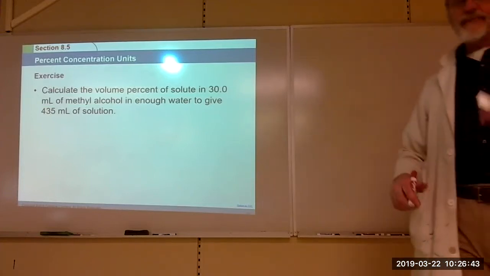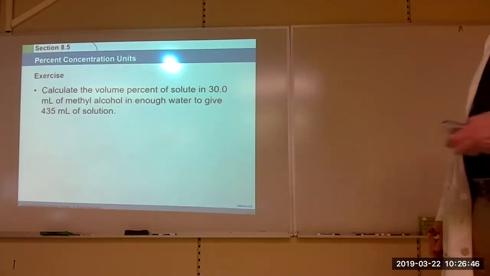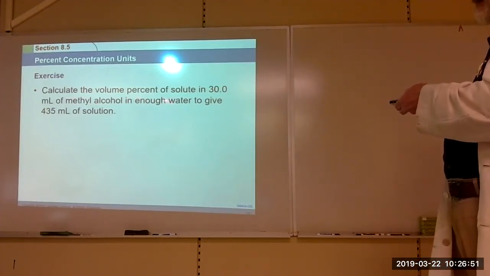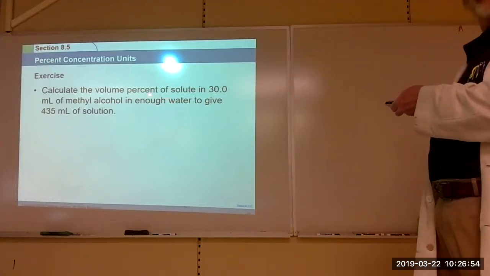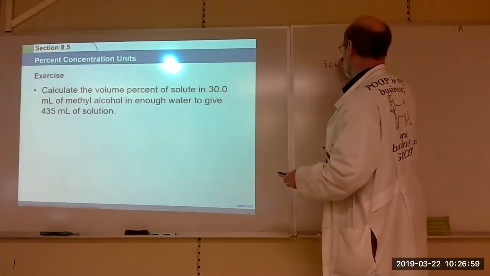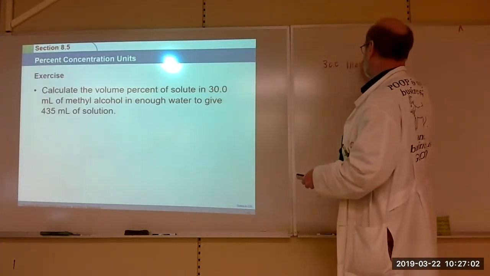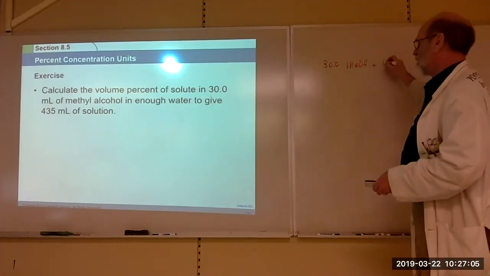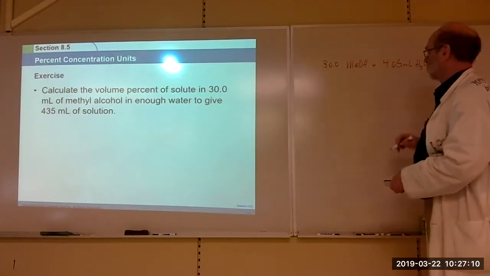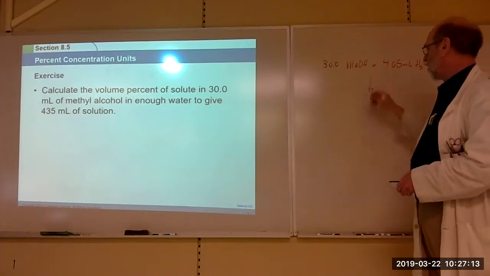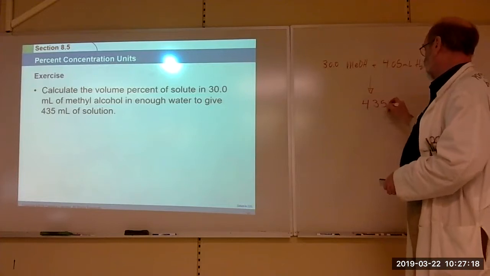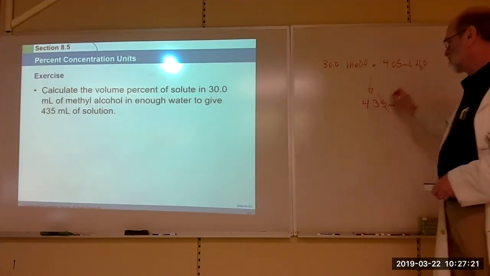This happens very often when you add two liquids together. 30 milliliters of methyl alcohol and say 405 milliliters of water. So if we have 30 milliliters of methanol plus 405 milliliters of water, what volume will that give you? Would it be 435 milliliters? Nope.